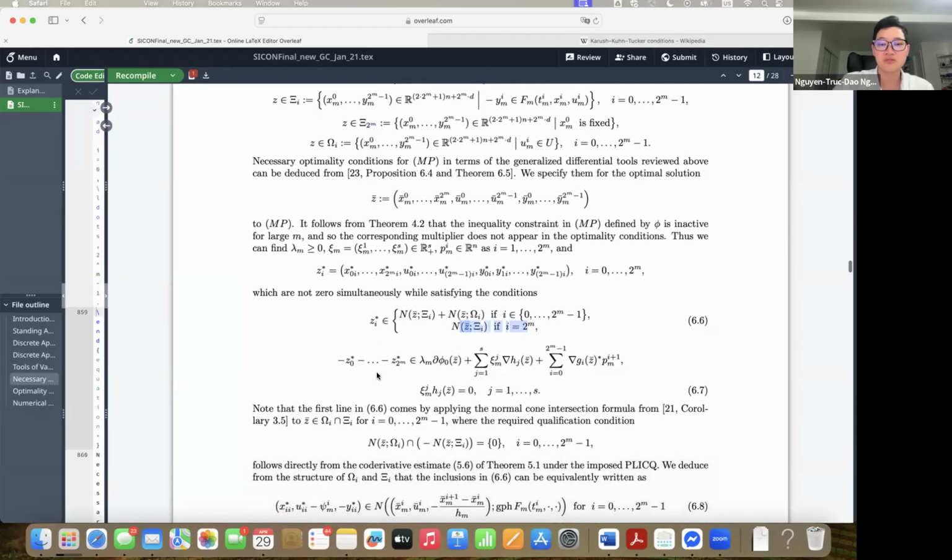And this is also one of the constraints that is deduced from proposition 6.4 and theorem 6.5 in the book as well.